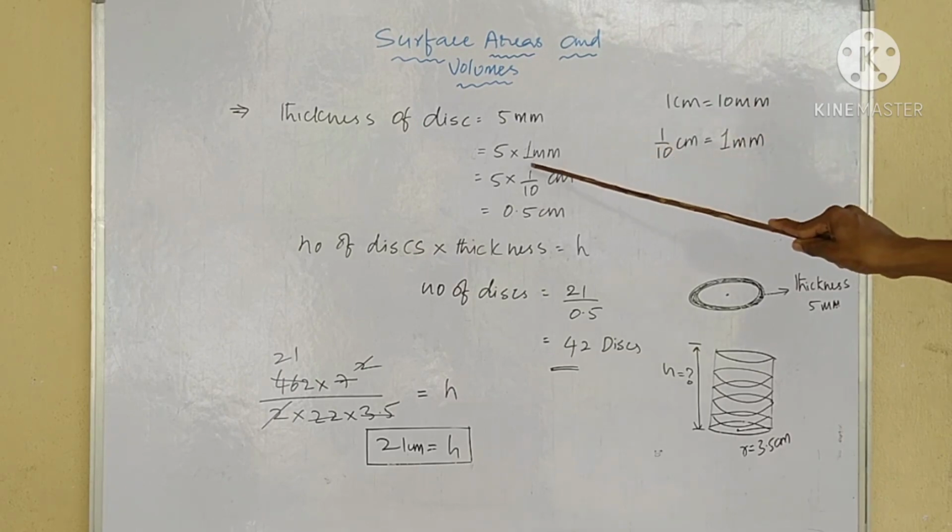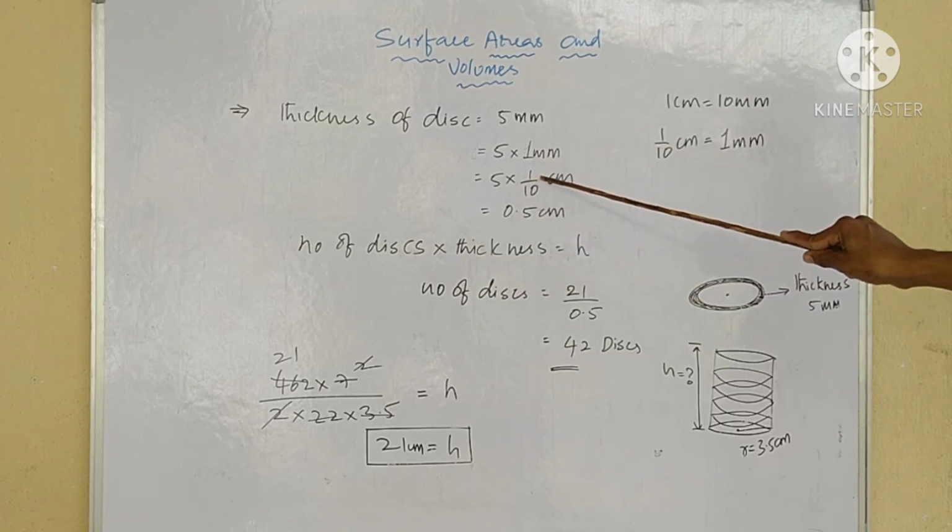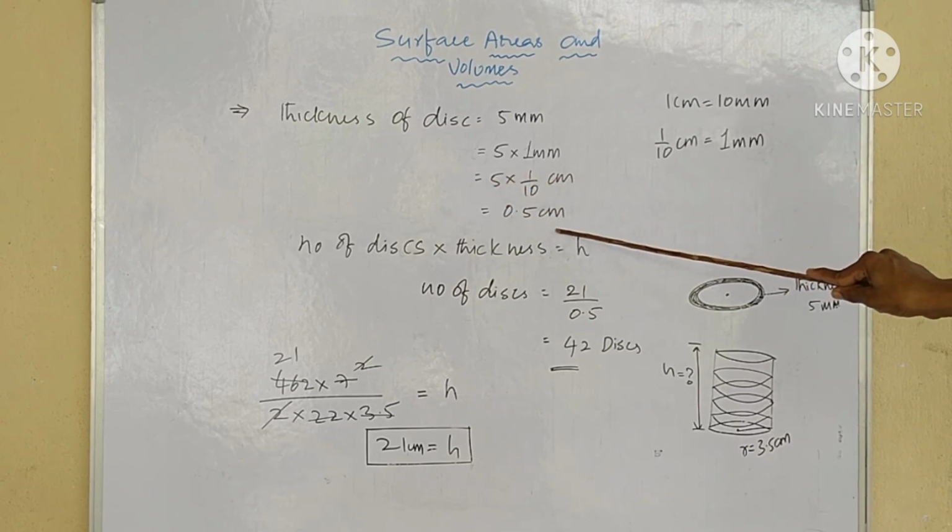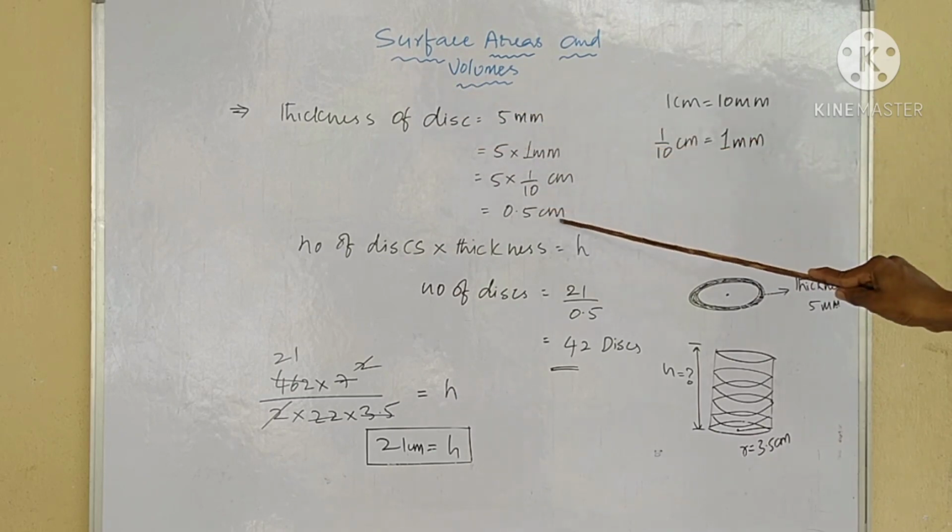Substitute these values instead of 1 millimeter, that is 1 by 10 centimeters. So 5 by 10 centimeters is equal to 0.5 centimeters. The thickness of the disc in centimeters is 0.5 centimeters.